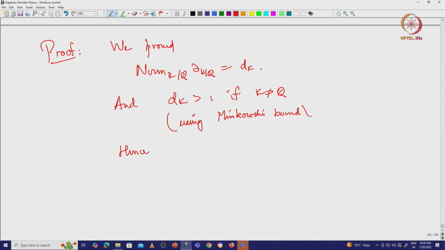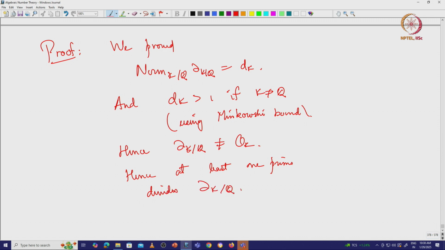Hence d_{K/Q} is not equal to O_K. So there is at least one prime that divides this, hence at least one prime divides d_{K/Q}.